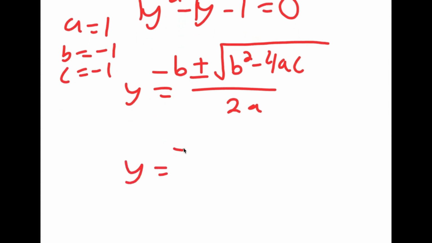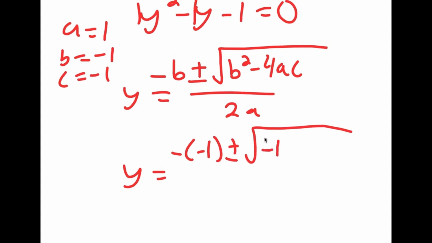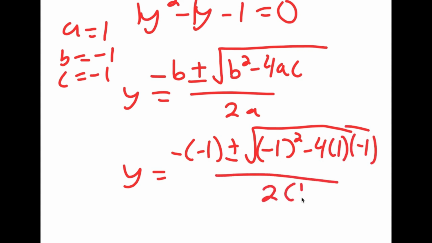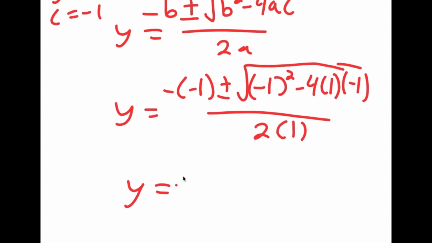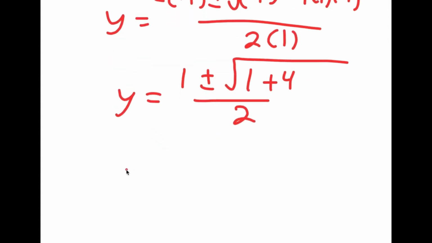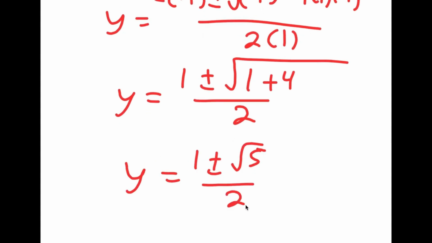So I get y is equal to negative of negative 1 plus or minus the square root of negative 1 squared minus 4 times a times c, which is negative 1, all over 2 times 1. This is equal to 1 plus or minus the square root of 1 minus 4 times 1 times negative 1, which is plus 4, all over 2, which is equal to 1 plus or minus the square root of 5 over 2.